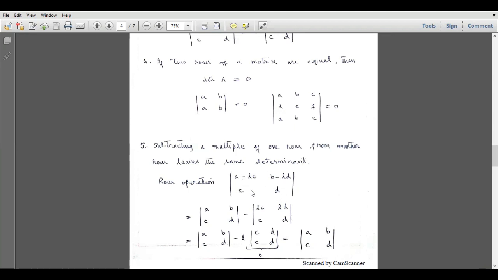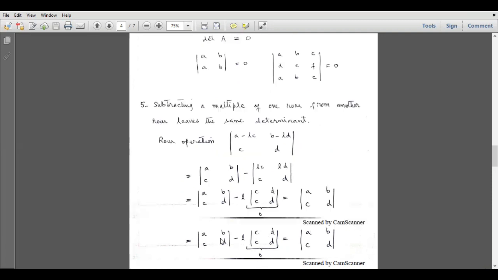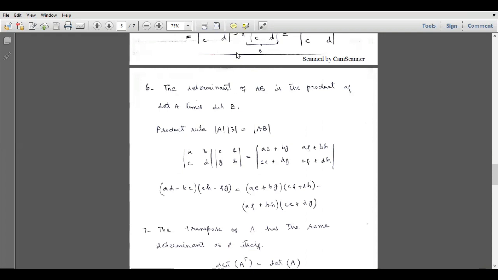Then the determinant of this new matrix will be equal to the determinant of the original matrix, A, B, C, D. We can visualize this: the determinant can be written as A, B, C, D minus L C, L D, and C, D. So L can be taken as common, and it will be the determinant of A, B, C, D minus L times the determinant of C, D, C, D. The determinant of this second matrix is equal to 0, and we are left with the determinant of the original matrix. So this was also one very interesting property.